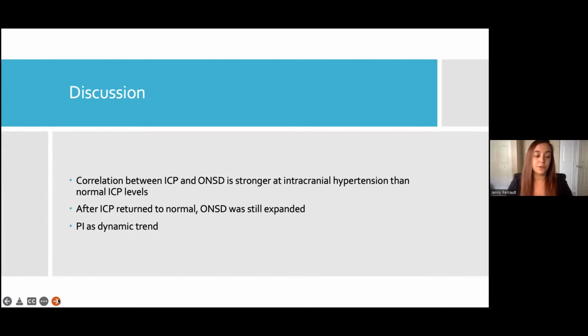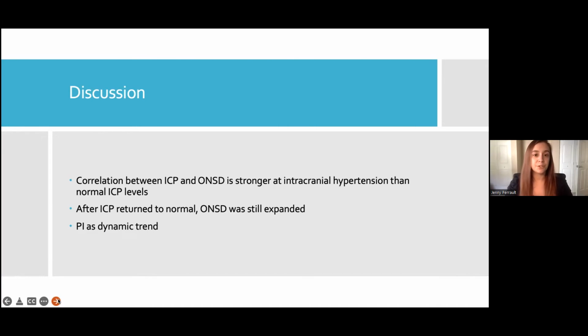And ONSD correlated with the invasive measurements of ICP better than other non-invasive techniques. After ICP returned to normal, the optic nerve sheath diameter was still expanded, which is a reason why ONSD wasn't as accurate at measuring ICP when the ICP was lower.